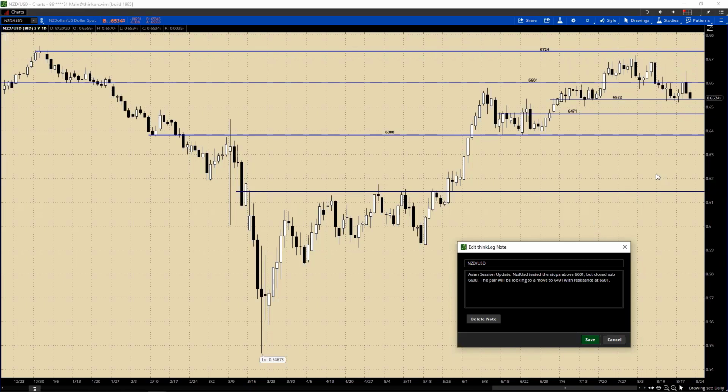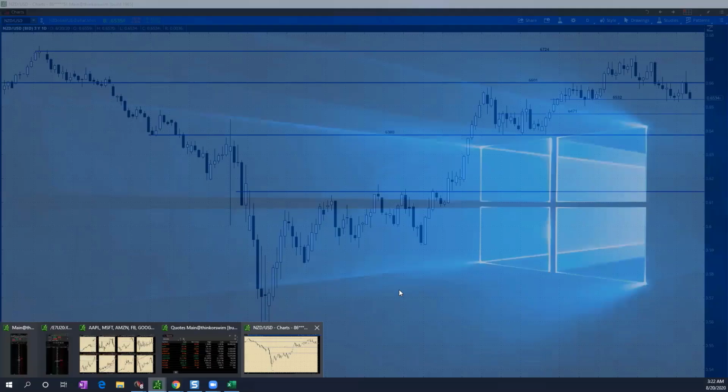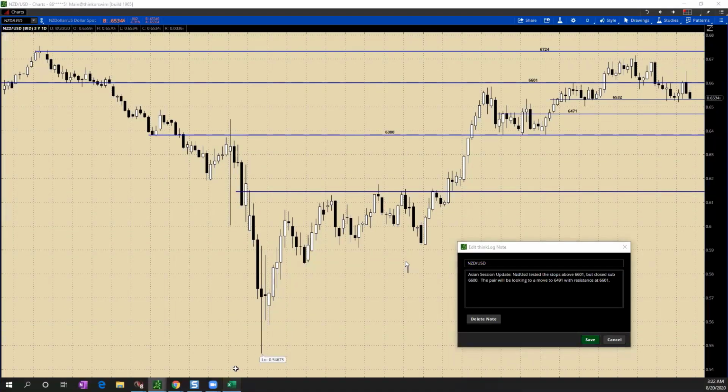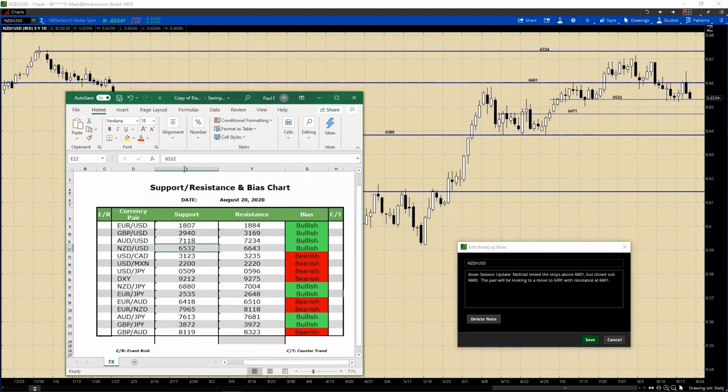I think maybe we gave it some more room, but I think maybe we kept it at that. But anyway, buck closed sub 66 cents. The pair will be looking for a move to 64.91 with resistance remaining at 66.01. Oh, we did get some moves at 66.02, but we'll move this down to 66.01.